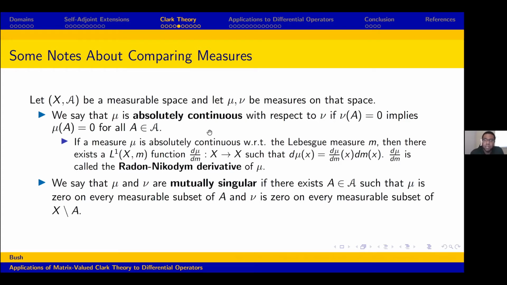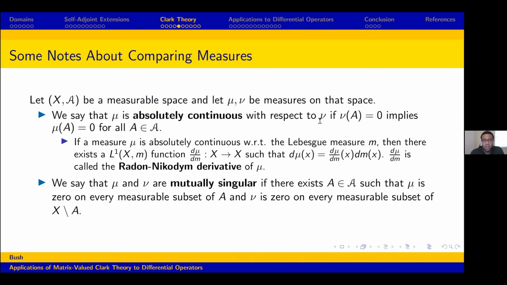We say that mu is absolutely continuous with respect to nu if nu of A equals 0 implies mu of A equals 0 for all A in the sigma algebra. In other words, this measure being 0 forces that measure to be 0. Then we say mu is absolutely continuous with respect to nu.